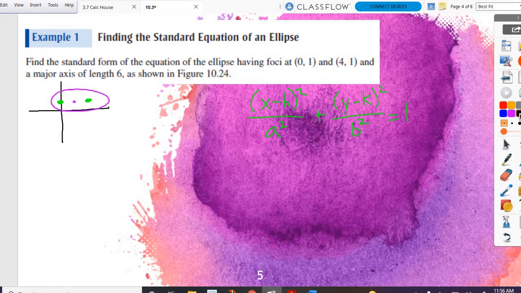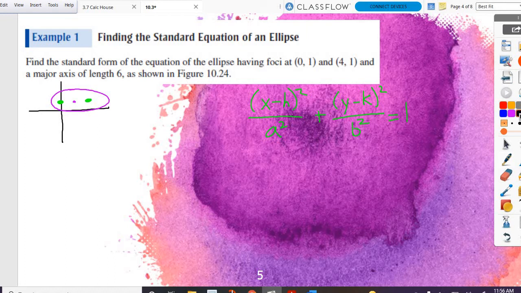So what are the 4 things that we need to find in order to be able to complete our equation? A, B, we don't need C. H, and K. So what can we find first? How do we find H, K? Correct.